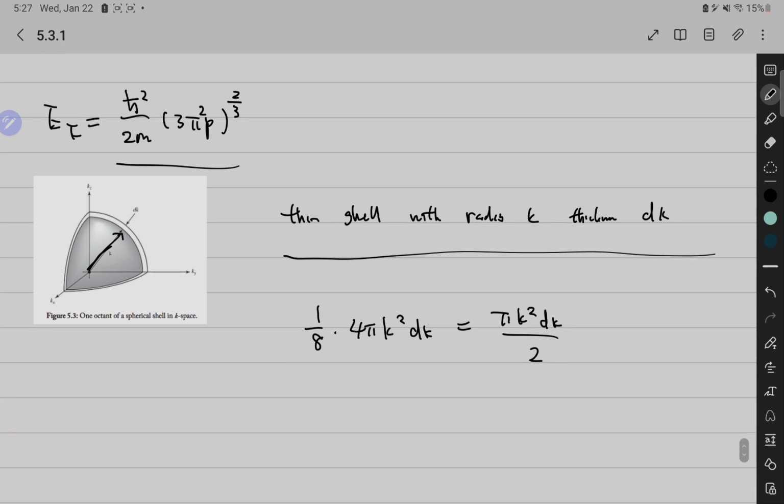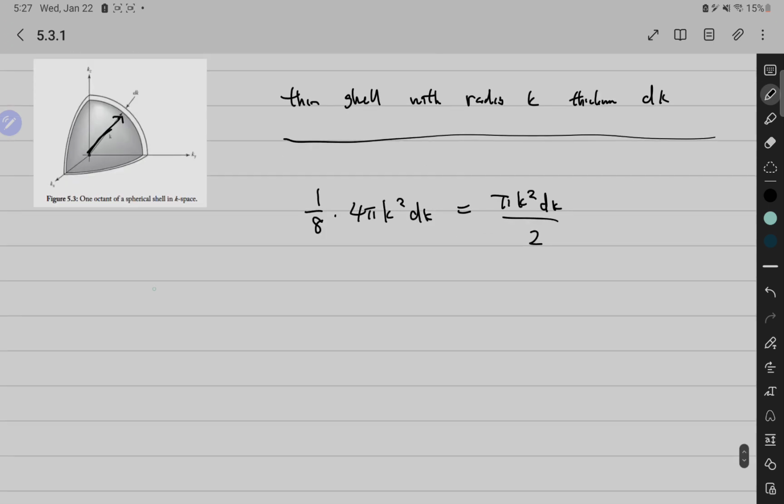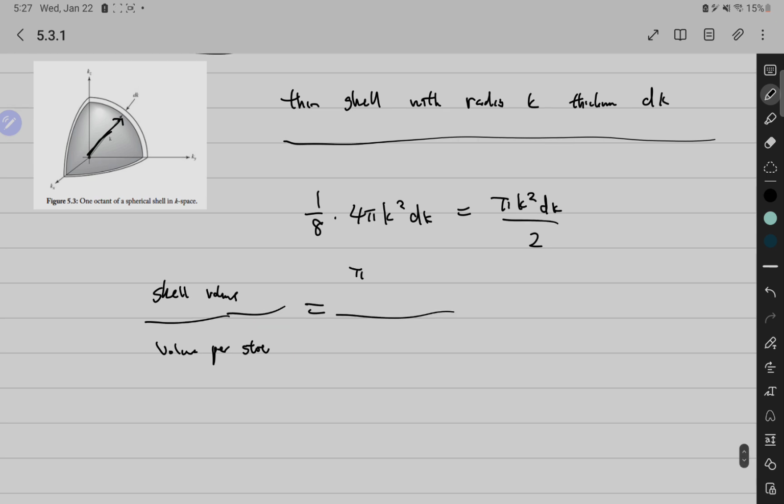And for the number of states in the shell, we need to do the same thing as what we did with the Fermi sphere volume, right? We need to divide the shell volume by the volume per state, and the volume per state, remember, is pi cubed over V. So the shell volume is pi k squared dk over 2, divided by pi cubed over V. So this is going to be V over pi squared, k squared dk.